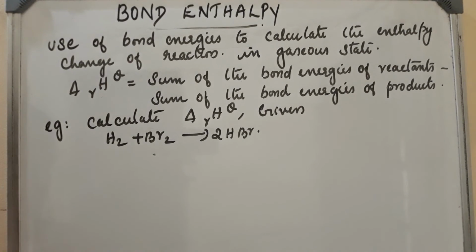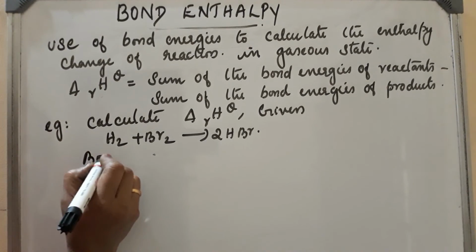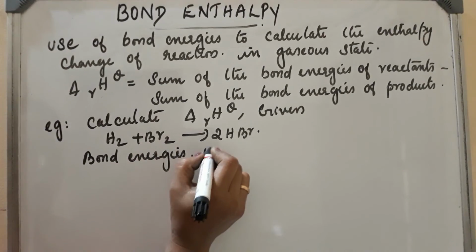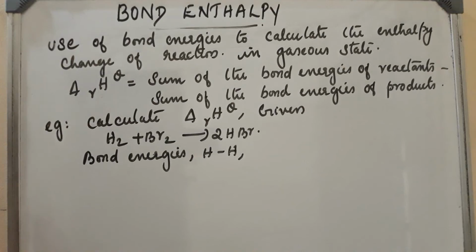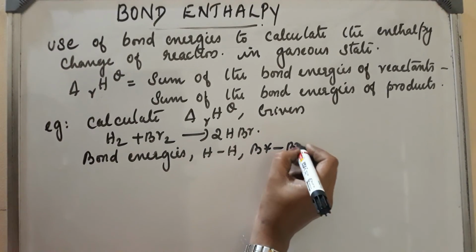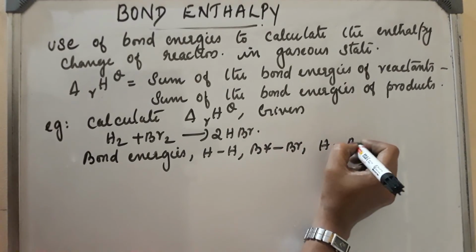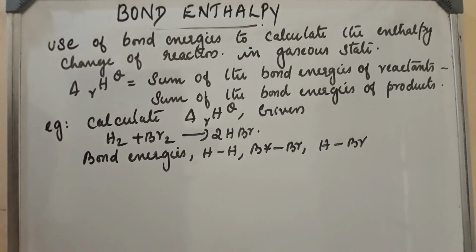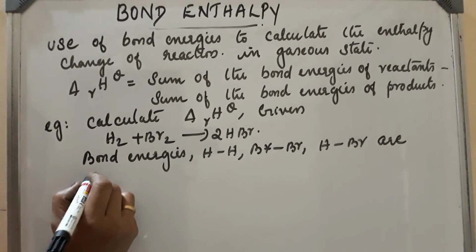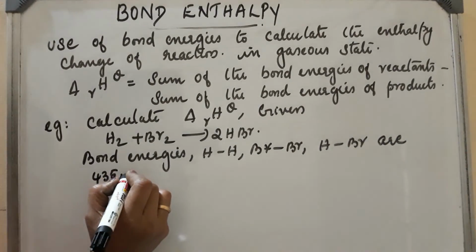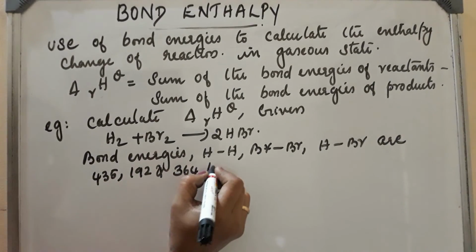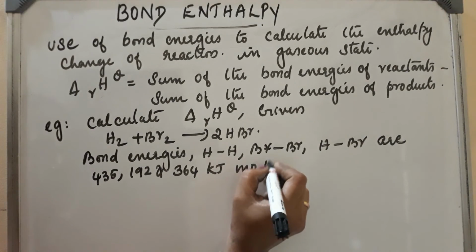Bond energies are given: the H-H bond, Br-Br bond, and H-Br bond. So their dissociation energies are 435, then 192 and 364 kilojoule per mole.